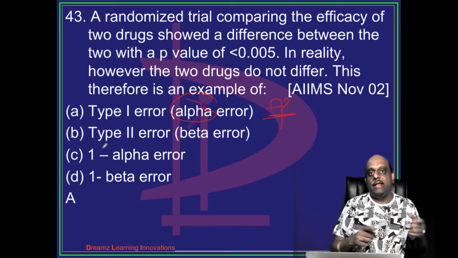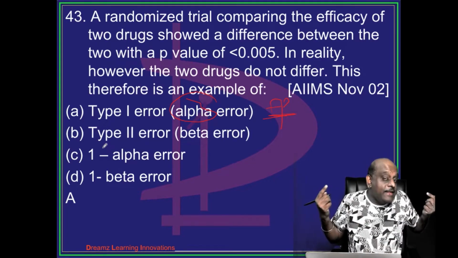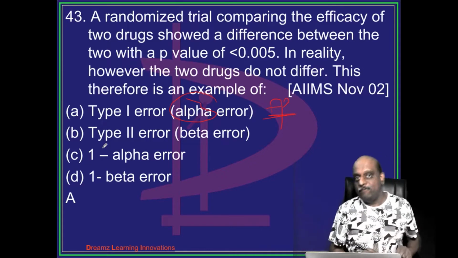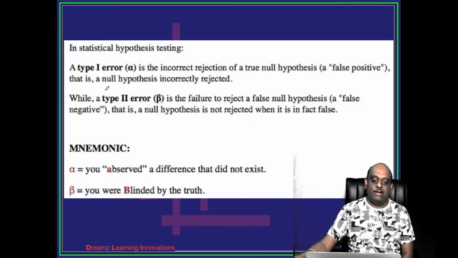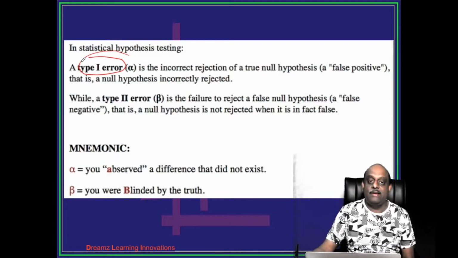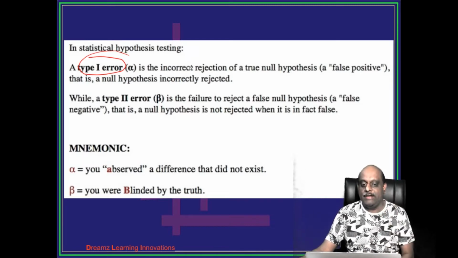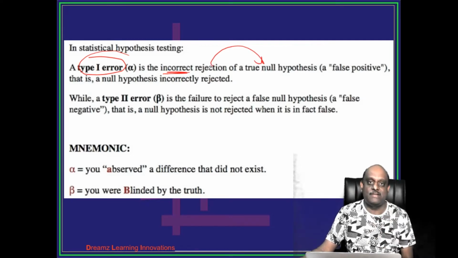The trial is saying that there is a difference, that is, it is positive for difference. But in fact, there is no difference. That means it is a false positive. False positive is type 1 error, alpha error. So, doctor, a type 1 error, once more, be very sure. Type 1 error is an incorrect rejection of a true null hypothesis.